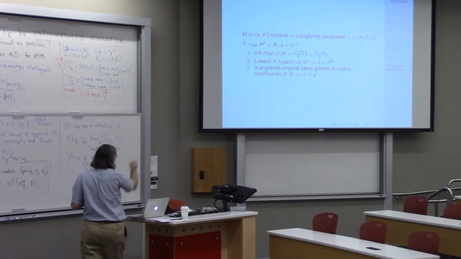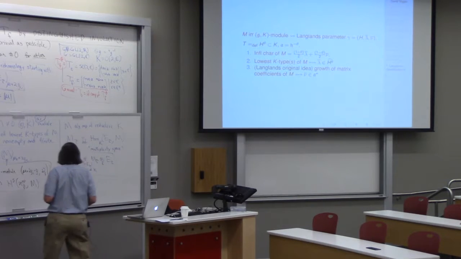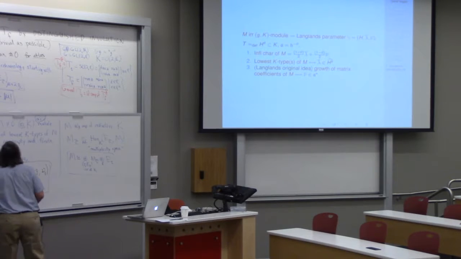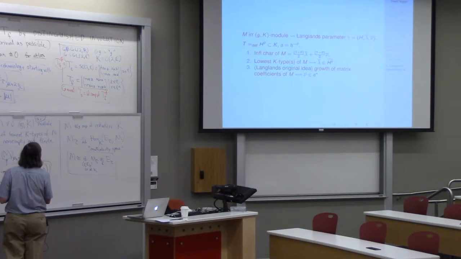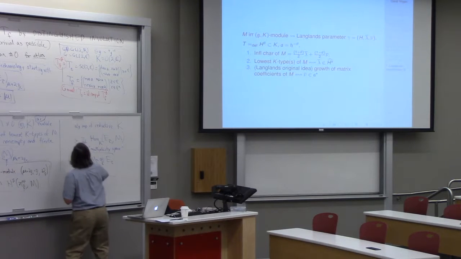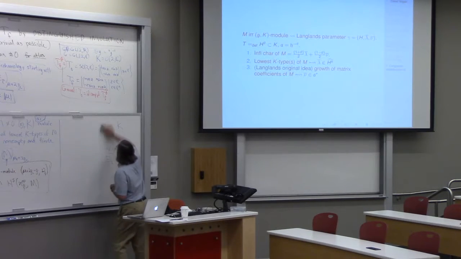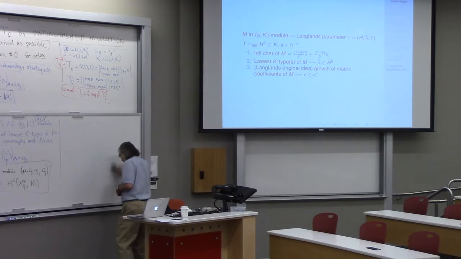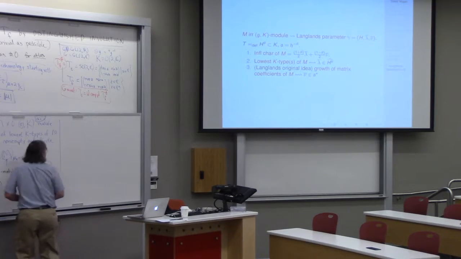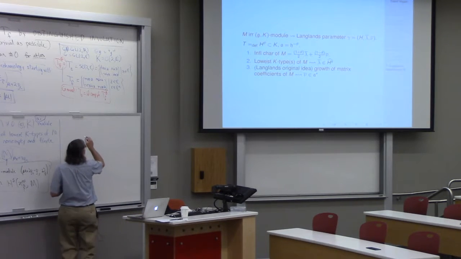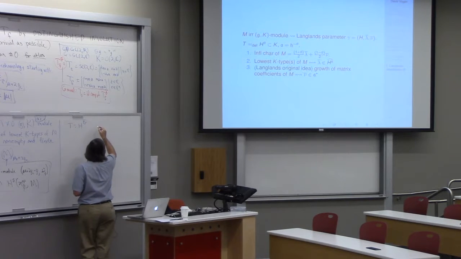Yeah. Well, so here, what does the bar mean? In this general Langlands parameter setting, we have T equal to H upper theta.